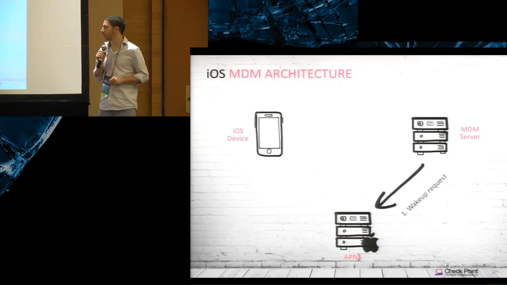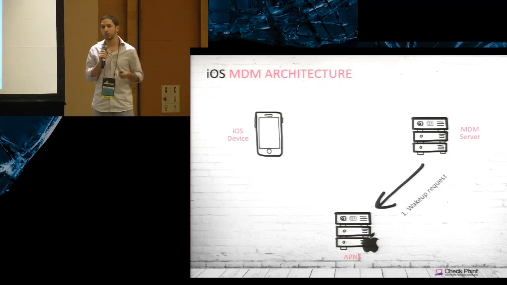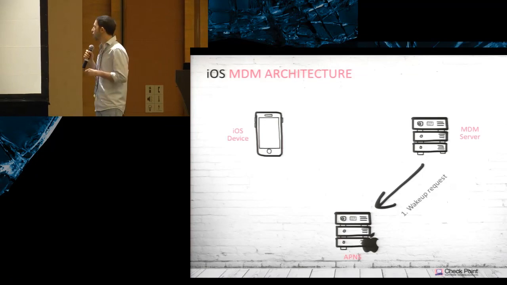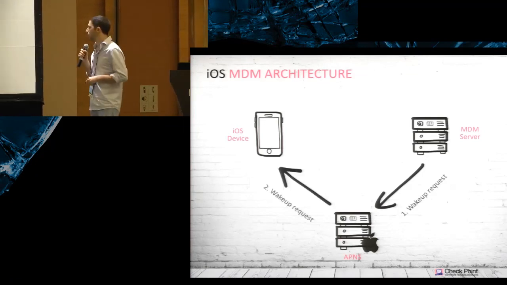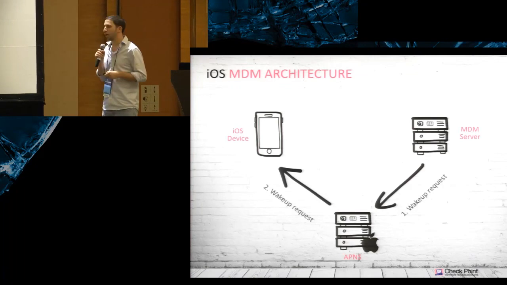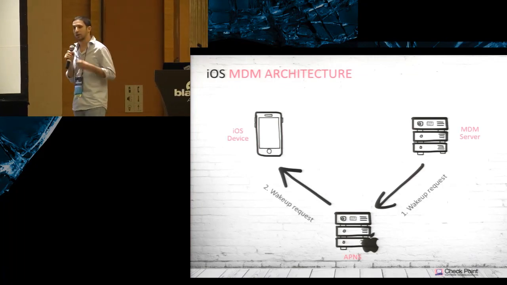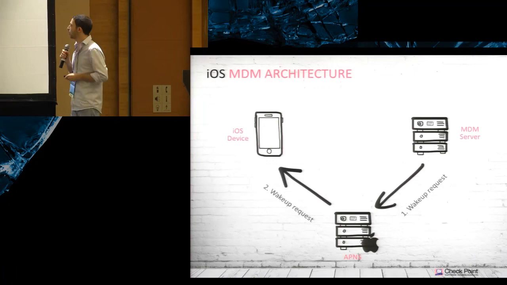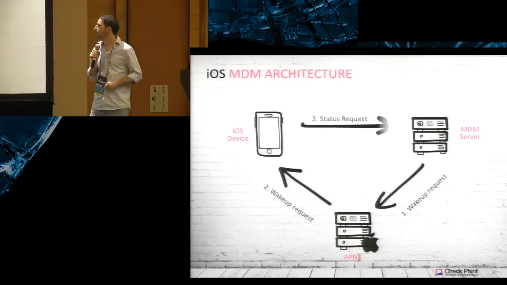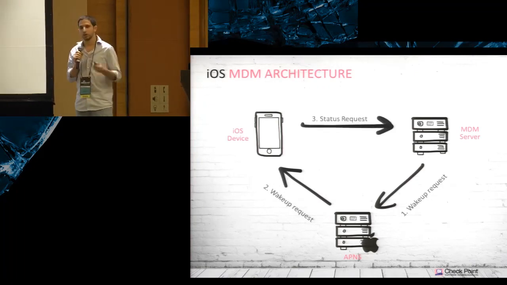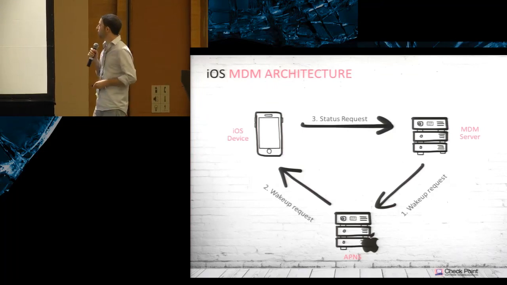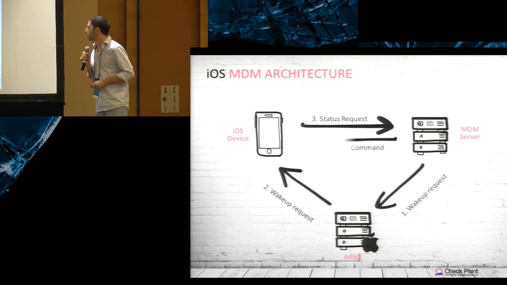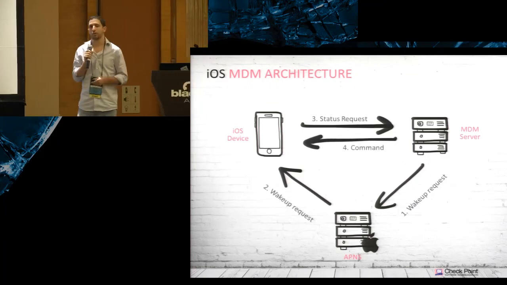So the MDM server, when it wants to talk to a device, will send a wake-up request to the APNS server. The APNS server will proxy that command to the iOS device. It's the only one that can start the communication with an iOS device. And now the iOS device will talk with the MDM server, and the MDM server will respond with a command.